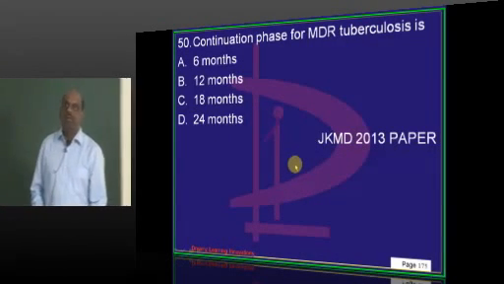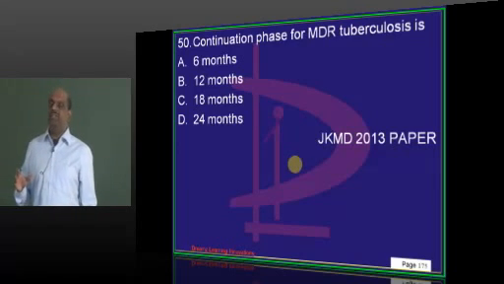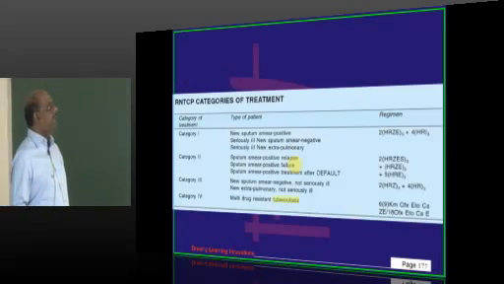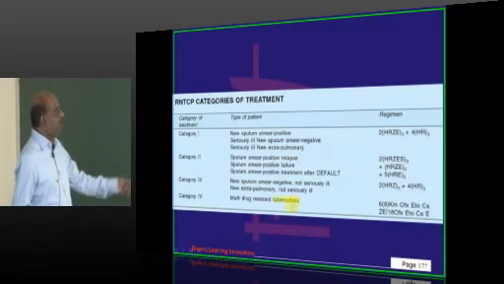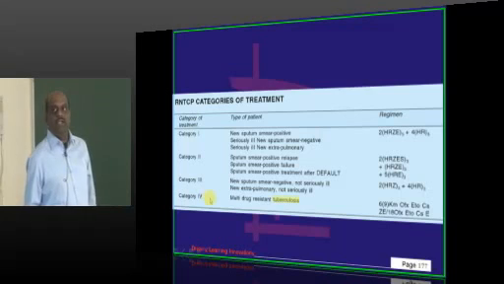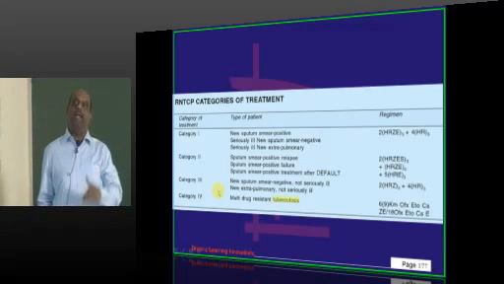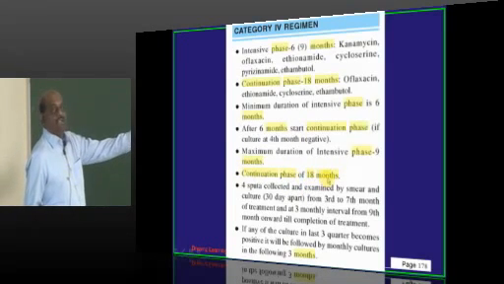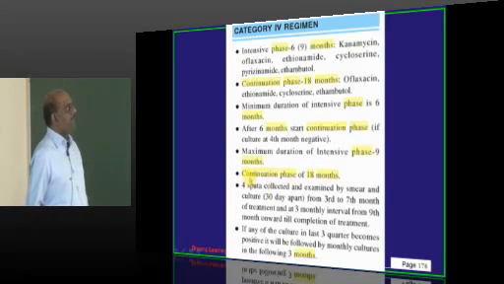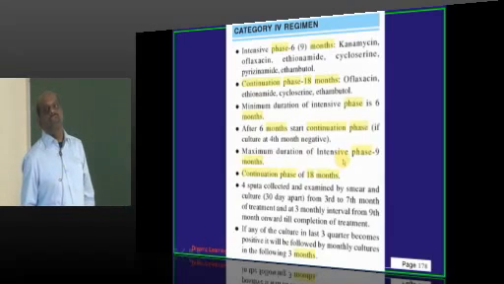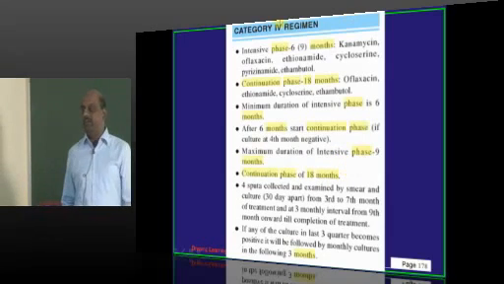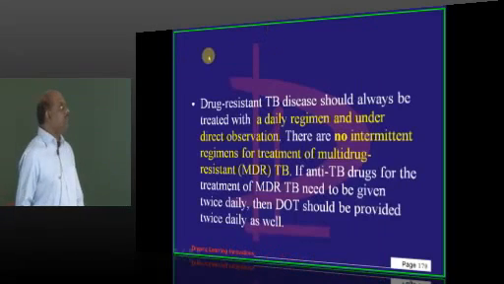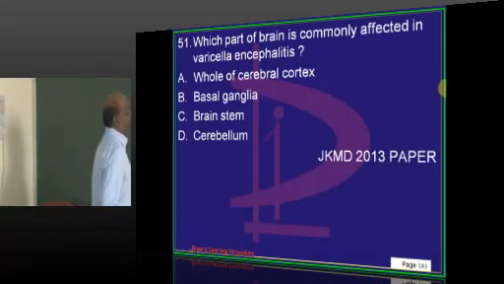Now, how long is the multi-drug resistant TB continuation phase? Basically, according to the older classification, multi-drug resistant TB means it is under the DOTS regime category 4. So the continuation phase is about 18 months and the maximum duration of the intensive phase is around 9 months for multi-drug resistant TB, is what needs to be remembered.